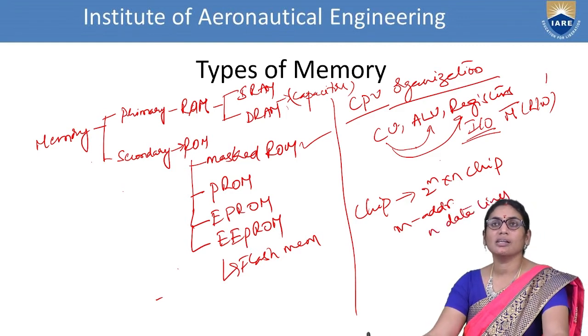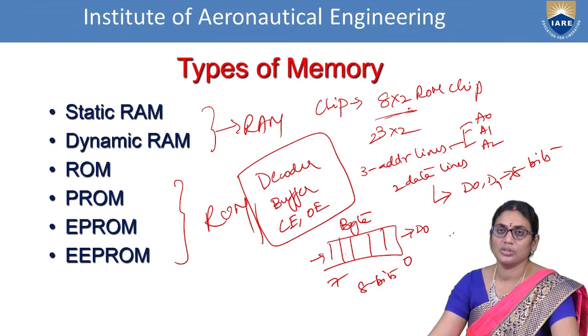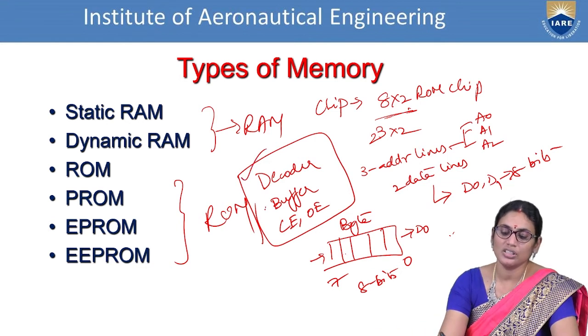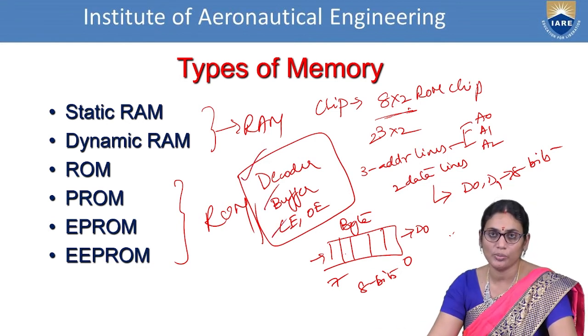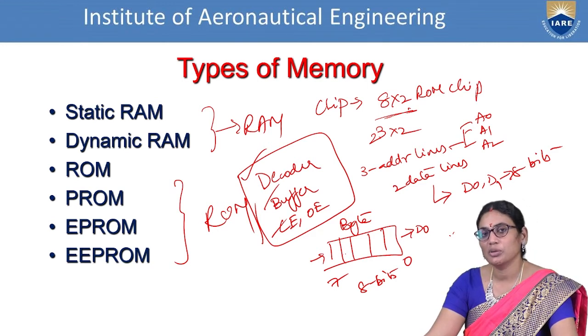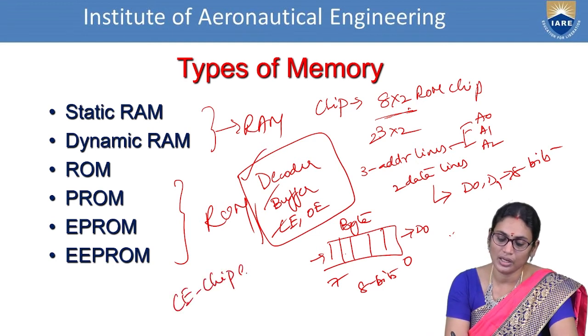To represent the chip organization of memory, we need special combinational circuits called decoder and buffer, and special pins called chip enable and output enable. CE represents chip enable, OE represents output enable.